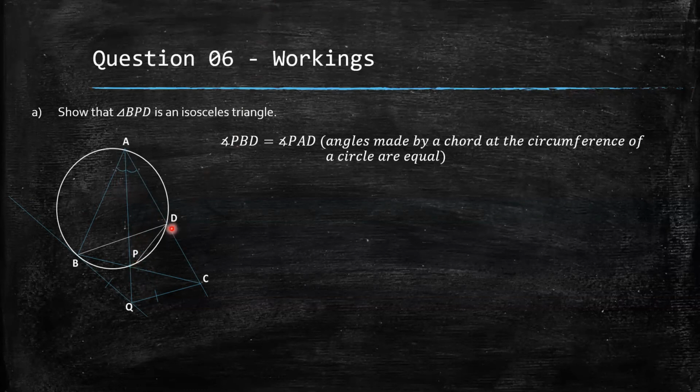PD is our chord, and the angles subtended by the same chord on the circumference of a circle will be equal in magnitude. Therefore, PD is my chord, and this is an angle subtended on the circumference by that chord, and this will be an angle subtended on the circumference of the circle by the same chord. Therefore, this angle will become equal to this angle.